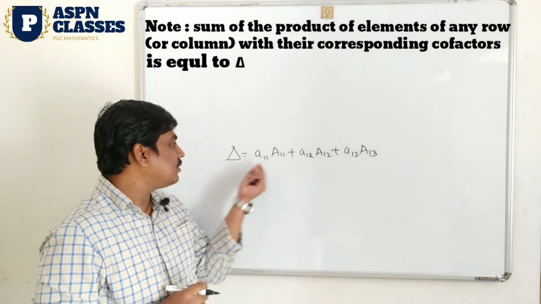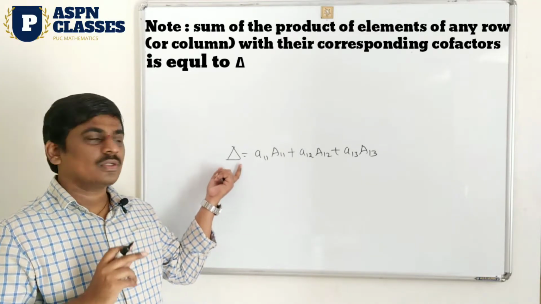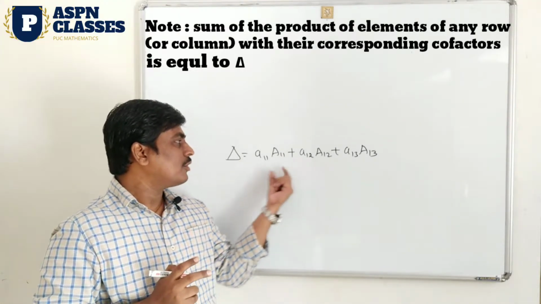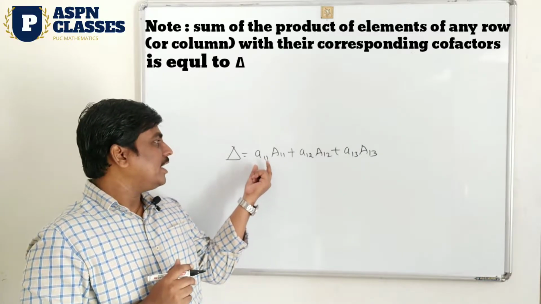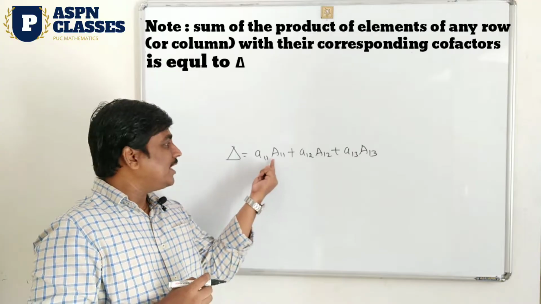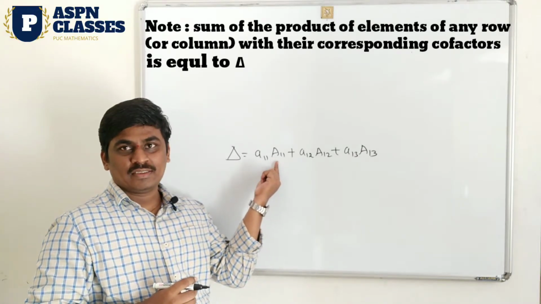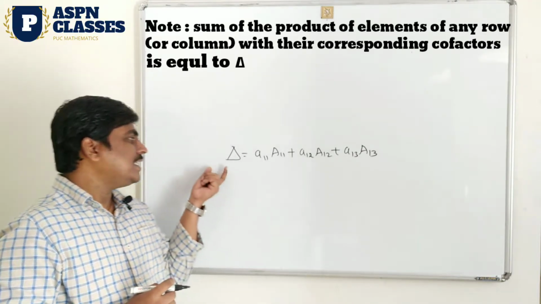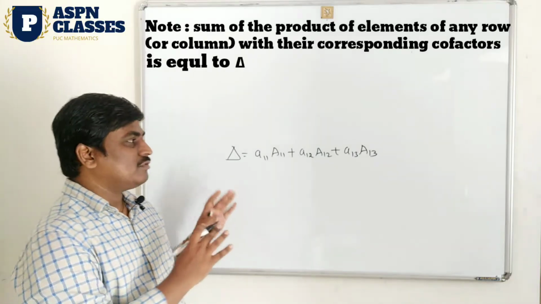This result is equal to delta. Row also you can take, or column also, with their corresponding cofactors, is equal to delta. Okay, so let us prove this result.